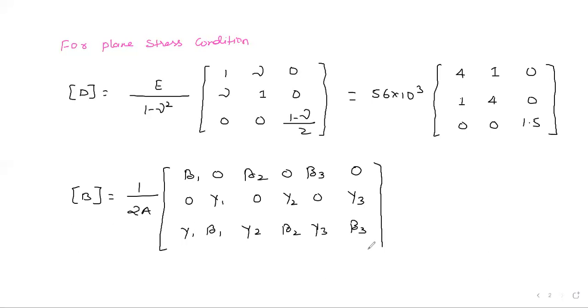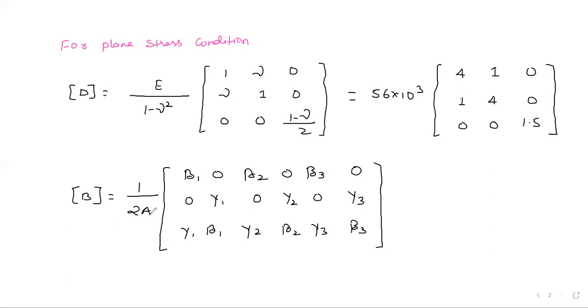Here we will find beta 1, beta 2, beta 3 using the relation in y, and gamma using the relation in x. And then we need to find A also.